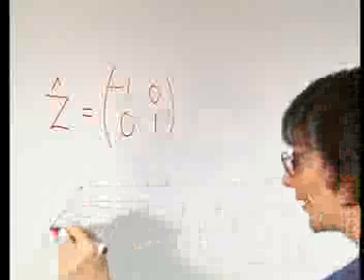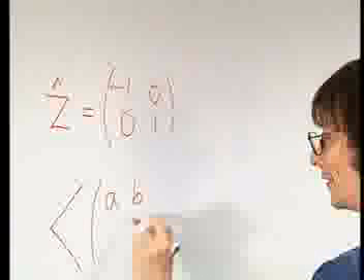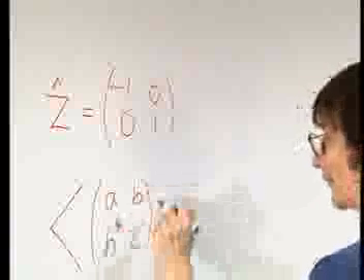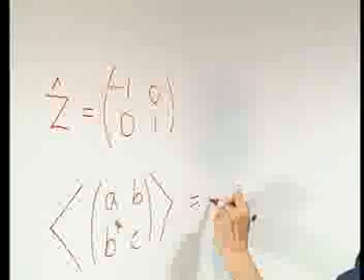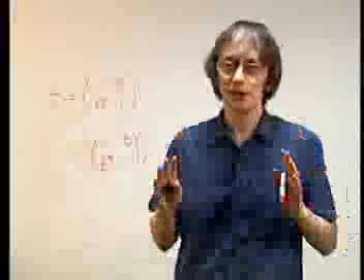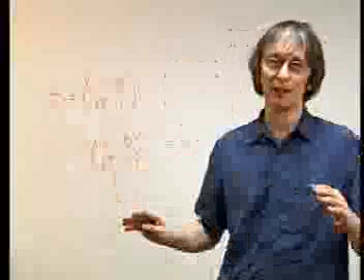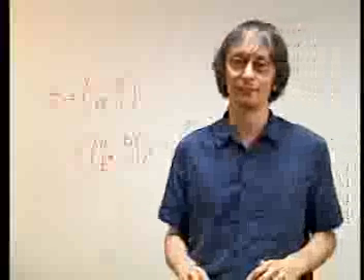The expectation value of the matrix with entries A, B, B star, C equals just A. In other words, the expectation value of any observable is the top left element of the matrix representing that observable in this state that I've defined.